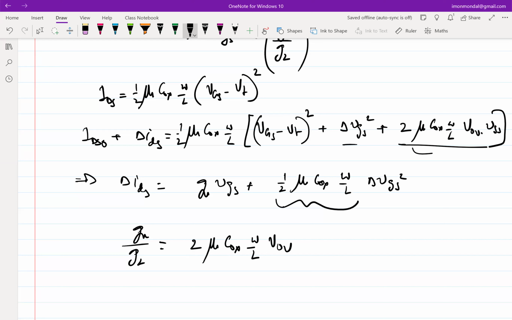This is GM and this is G2, fine. Correct? So if you want GM to be the dominant one, then clearly you will have to bias it with higher and higher overdrive. Right, sorry. Thank you. That's what I was thinking, something is wrong here.